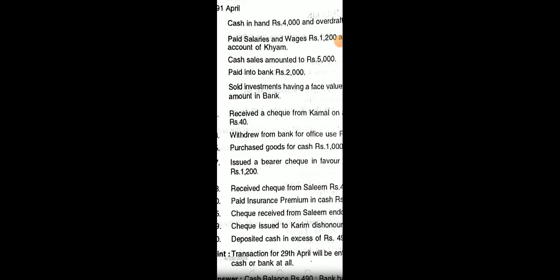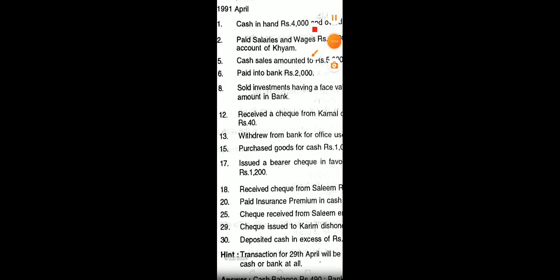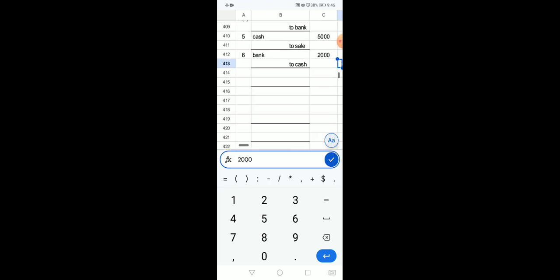Actual value or face value was 2,000, but you have sold that investment at a profit, for 4,000 rupees, and deposited the amount into the bank. This is a very important factor, deposited the amount into the bank. In this whole transaction, you have sold your investment and received the amount and immediately deposited it into the bank.